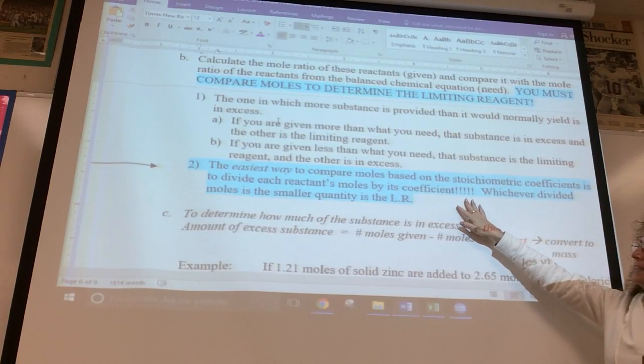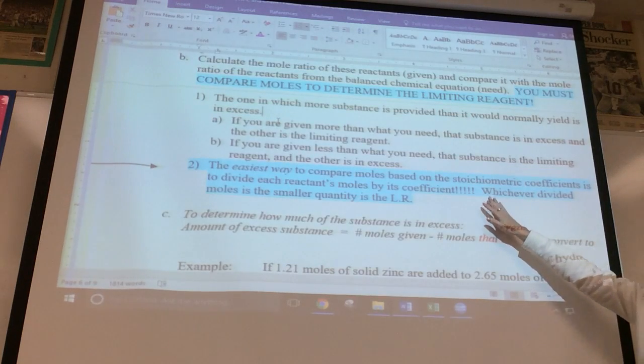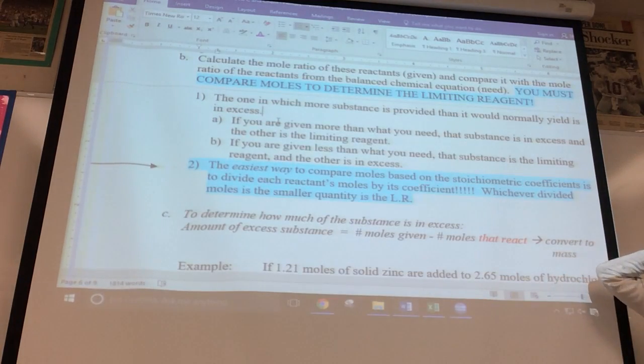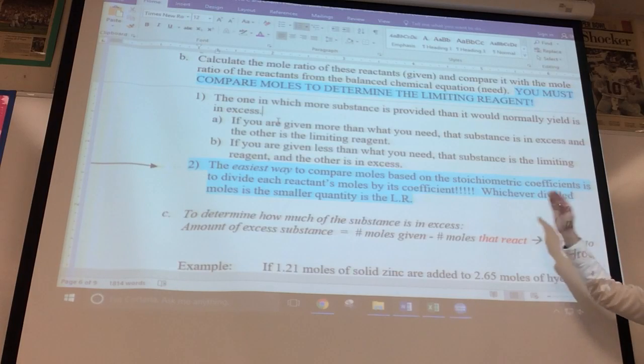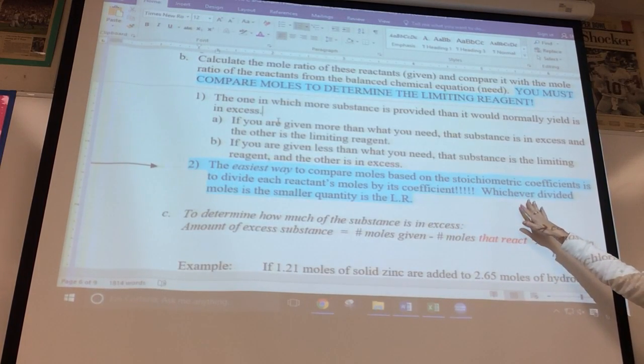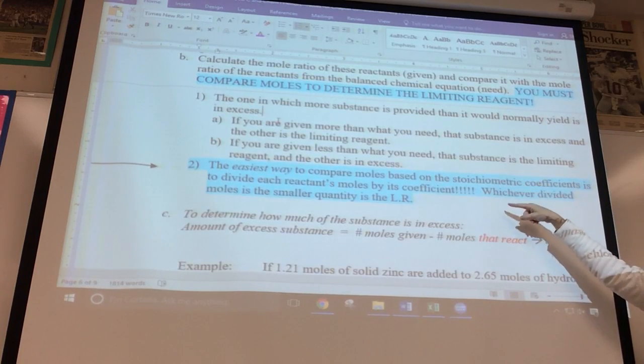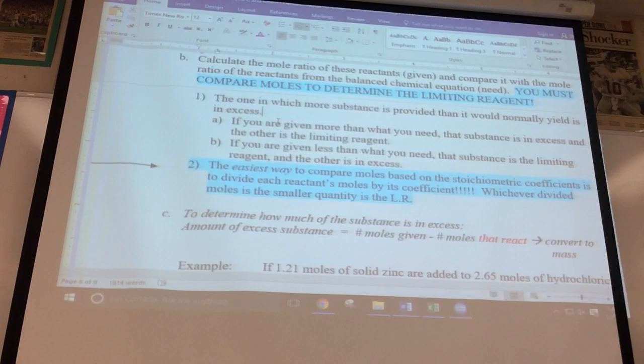It says the easiest way to compare moles based on the stoichiometric coefficients is to divide each reactant's moles, that is what's given, by its coefficient. Whatever you have less of is going to be your limiting reagent. I'll walk you through all of these pieces in this first example.